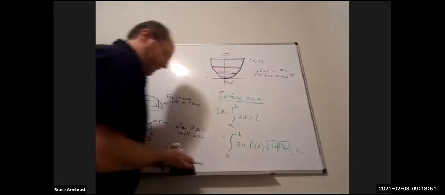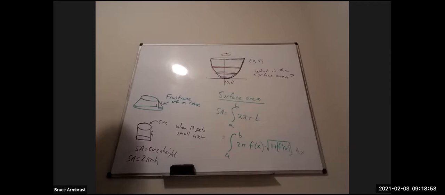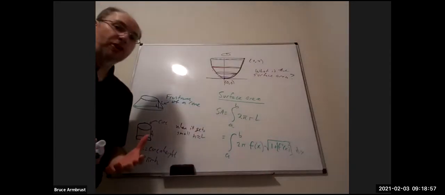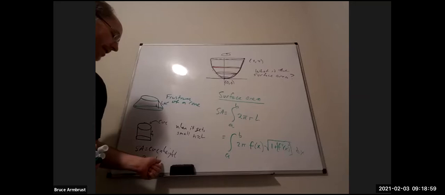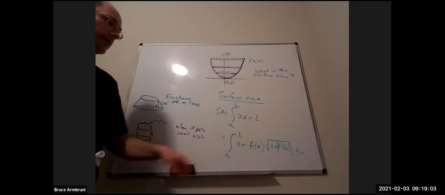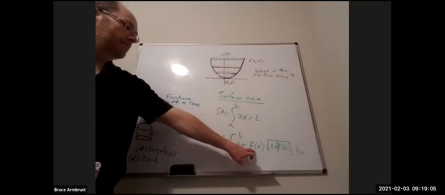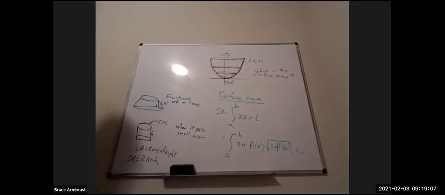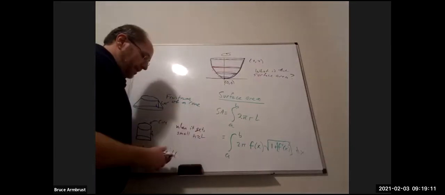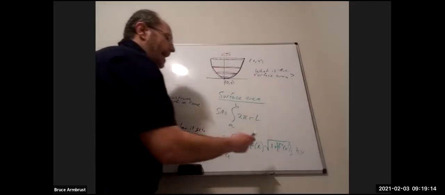All right, so you see the square root of 1 plus f prime of x squared? That was arc length. That's our L, right? That's our height. The 2 pi is the 2 pi, but now that f of x is our r. So this would be if we were rotating it about the x-axis.